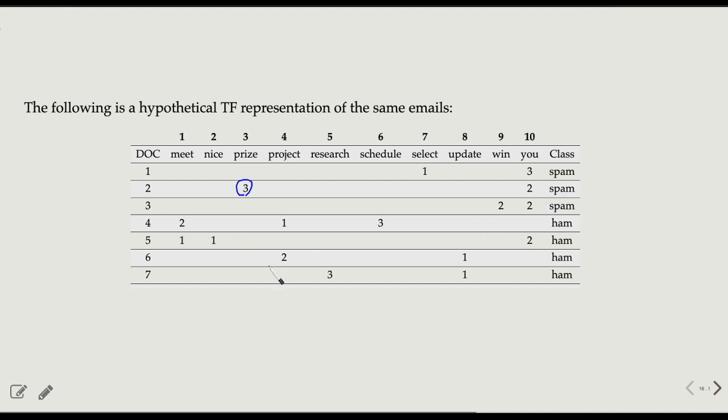And then perhaps project appears twice in another email, which is a ham. So we can do all this computation to count the number of occurrences of each term in each email.